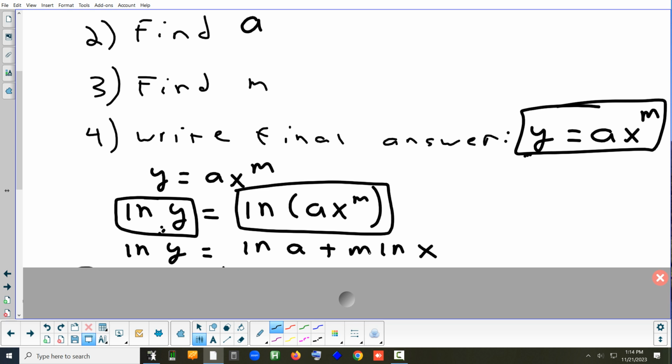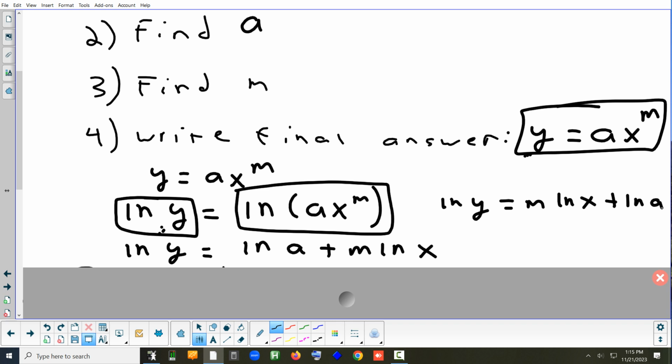Now let's see what we did there. We separated out the natural log into a sum of two, and we put the m in the front. So now, if I rearrange it a little, it's almost going to look like something you've seen before. Let me just write it off to the side: ln y equals m ln x plus ln a. What does that kind of look like?